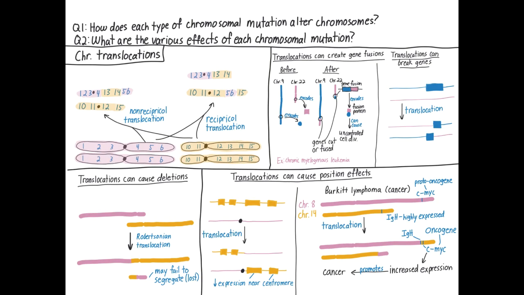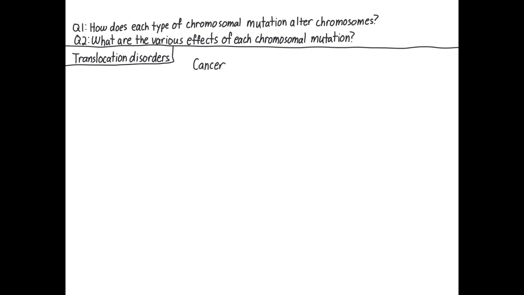To summarize, we see that chromosomal translocation can have many of the same effects as inversion, including deletions, gene fusions, and position effects. Cancer often causes genome-wide instability, greatly increasing the rate of translocations and other chromosomal rearrangements.